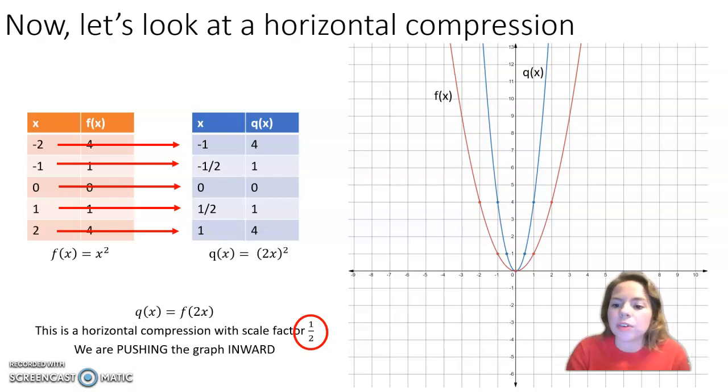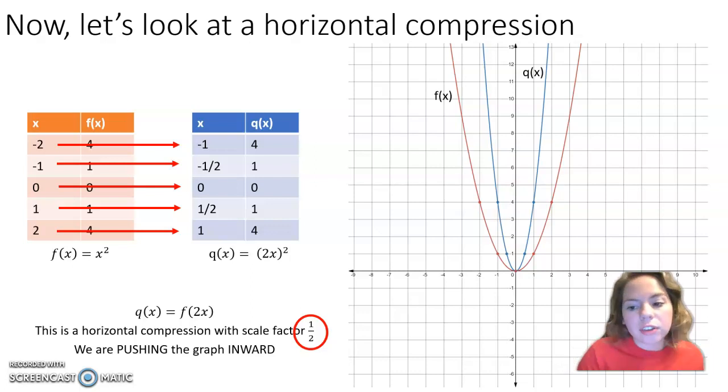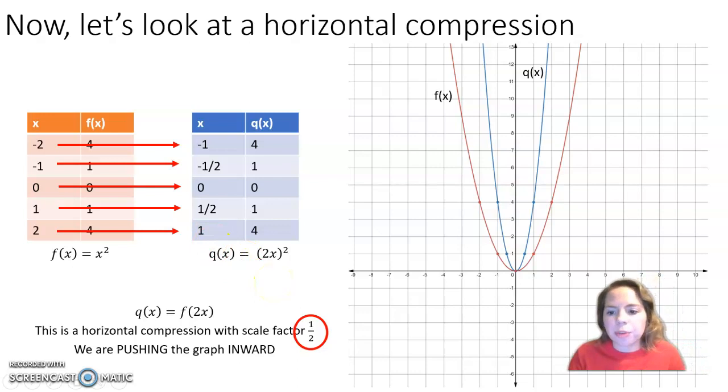So kind of like what we noticed before, for these horizontal stretches and compressions, the scale factor is actually the reciprocal of what the k value is, which is interesting. And again, I always remember with the horizontal compressions, that's where I'm pushing inward.